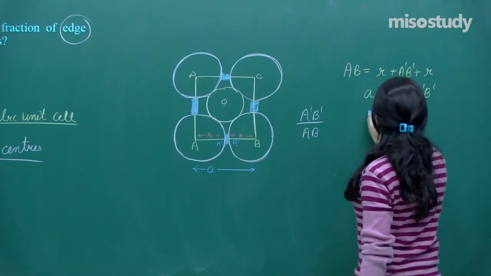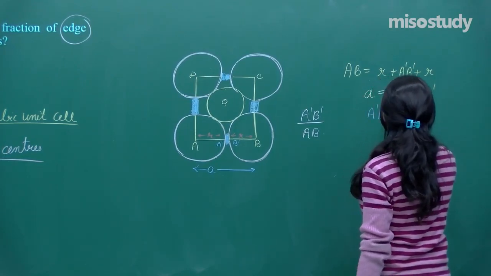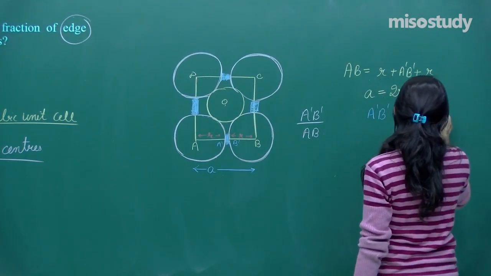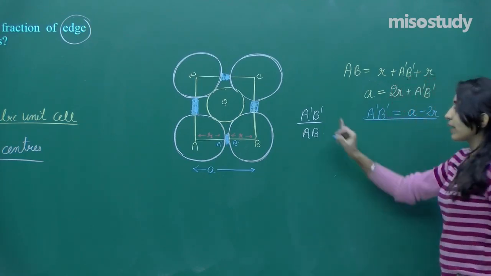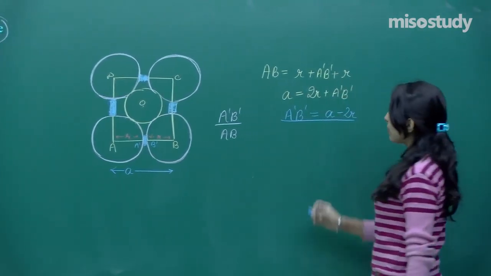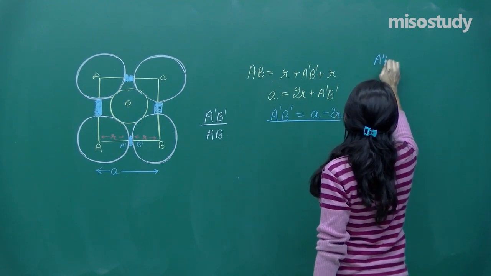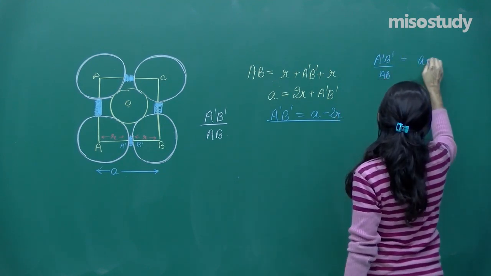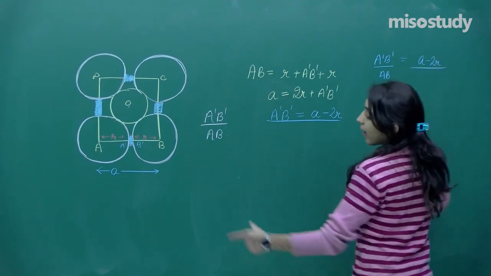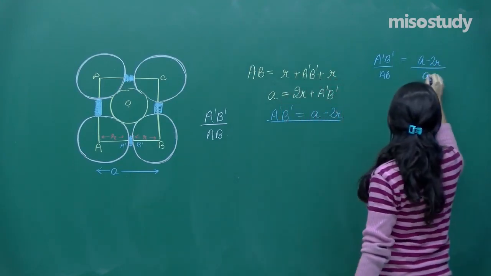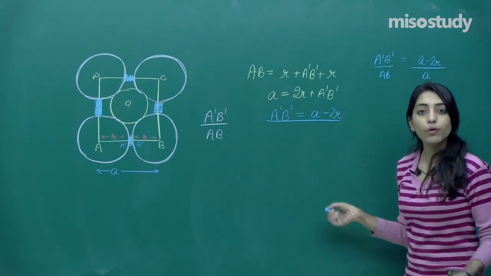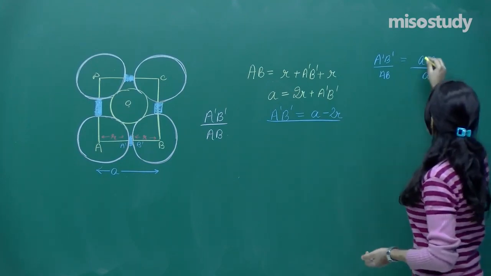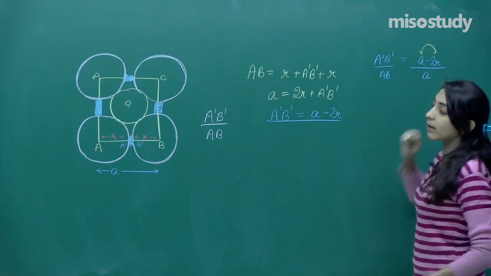So I can simply write A dash B dash is equal to A minus 2R. What I need to calculate? A dash B dash divided by AB. So A dash B dash divided by AB will be A minus 2R divided by A, edge length is A, right? But we won't be able to get the answer until and unless we know the relationship between A and R.